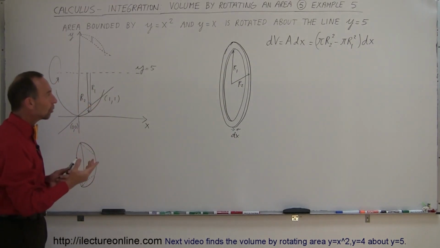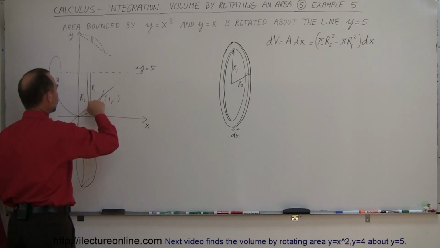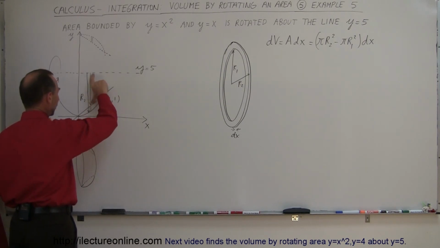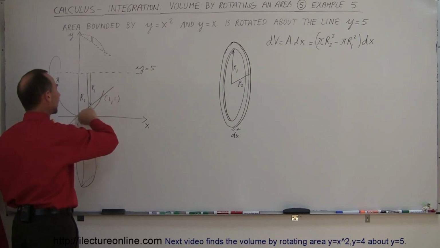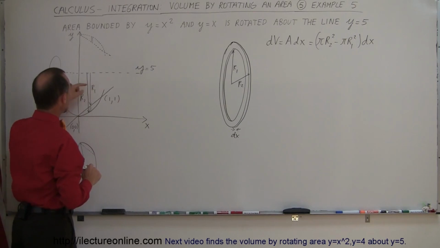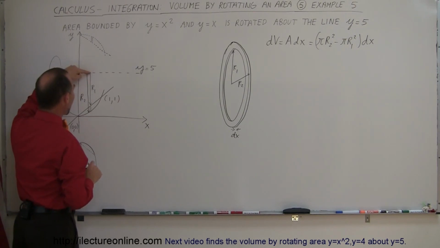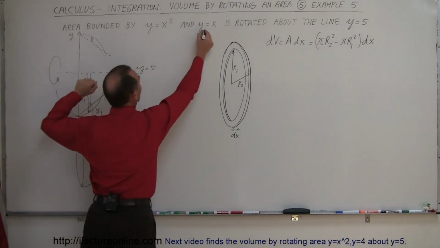Now we can't use R's, so we have to convert from R's to x's and y's. So first of all, this distance from there to R1, the radius right here, the limiting factor here is the straight line, y equals x. So that would be the distance from here, that would be 5, minus the distance here, which would be y. Remember, this here, let's call it y1.